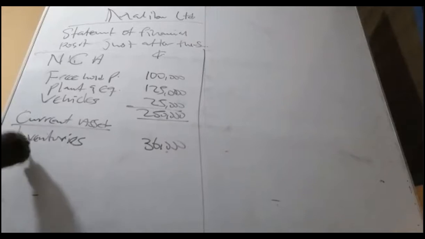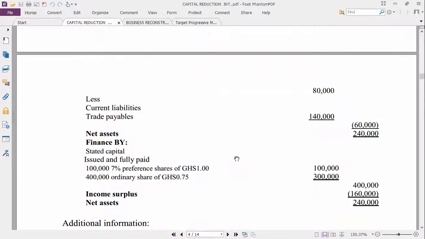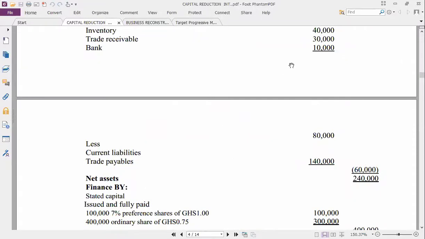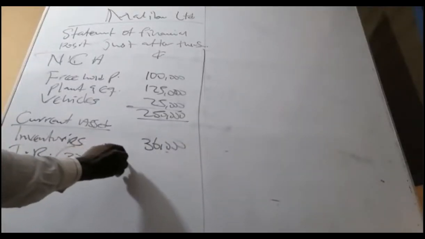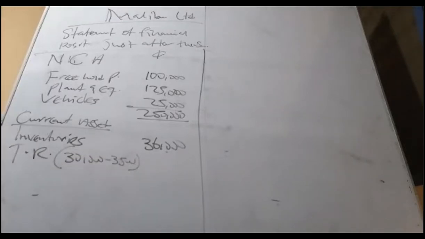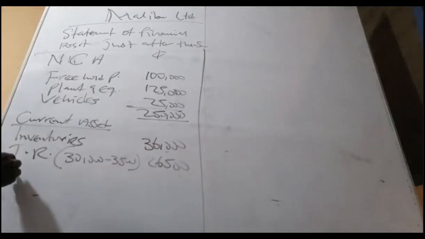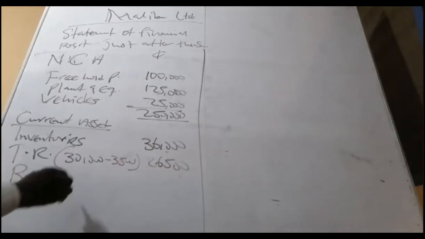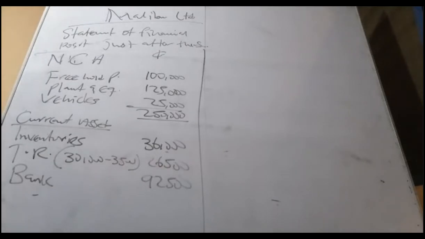Then the trade receivables. You open a bracket, minus the 3,005 allowance. You have to take it from trade receivables. Now the trade receivable is 30,000 here, so we take off 3,005. That gives us 26,500. Then you go to bank balance. We've done it. The bank balance was 92,500.